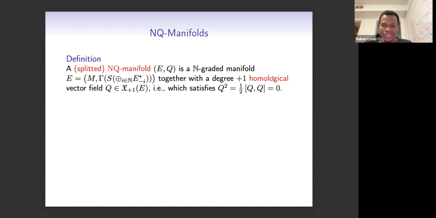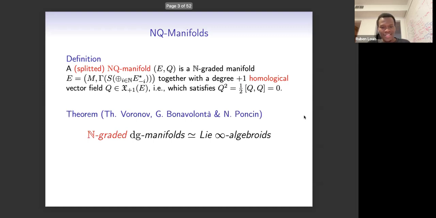And it comes together with a homological vector field, that means a graded derivation Q of that symmetric algebra, so that Q squares to 0. There is a very important identification of N-graded manifolds with Lie-infinity algebroids.